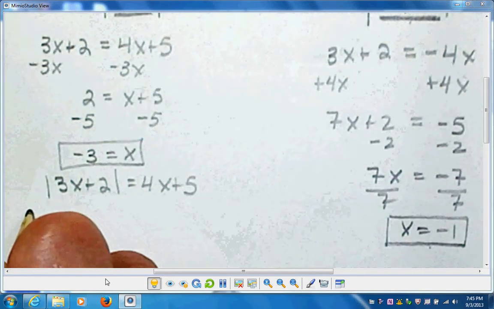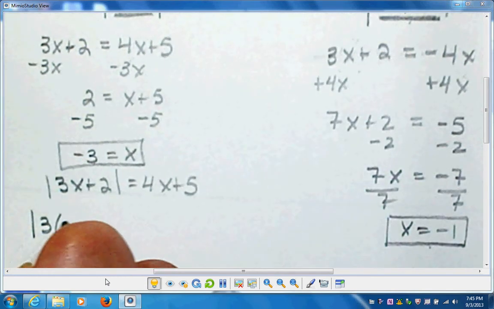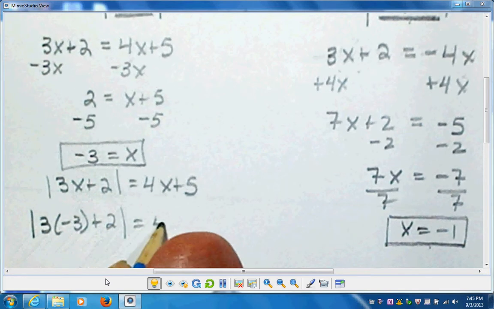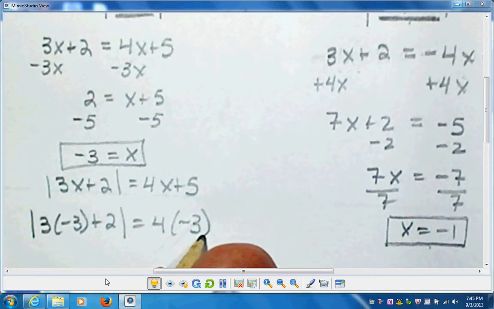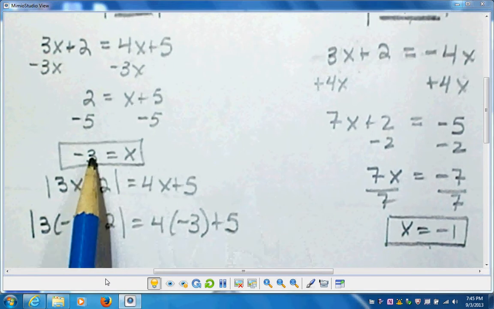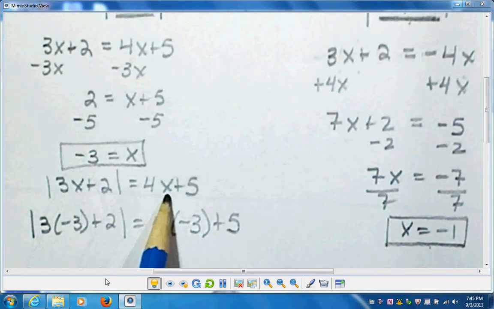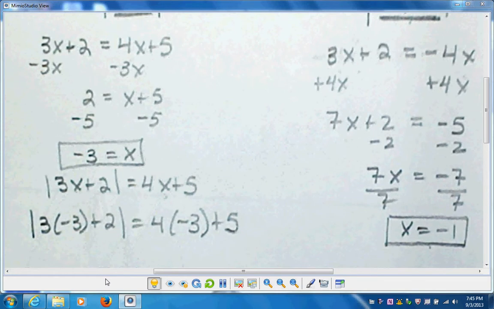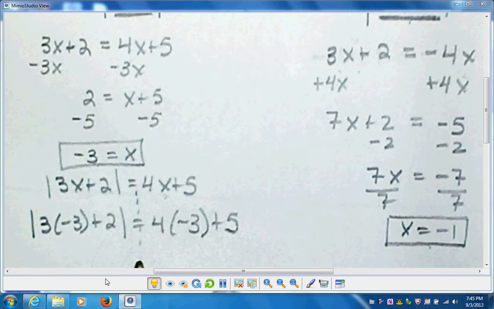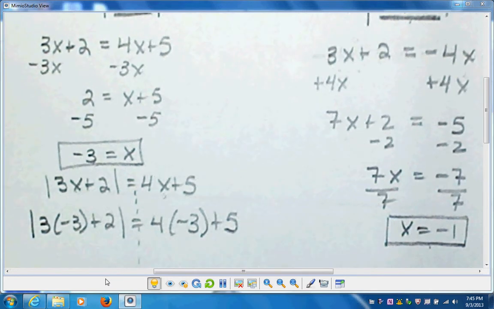So the absolute value of 3 times negative 3 plus 2 is equal to 4 times negative 3 plus 5. Notice, x is negative 3. So negative 3 gets substituted in everywhere I see an x. What's important to remember is when we're testing our answer, to not cross the equals sign.